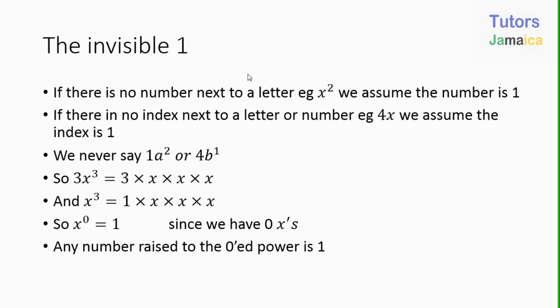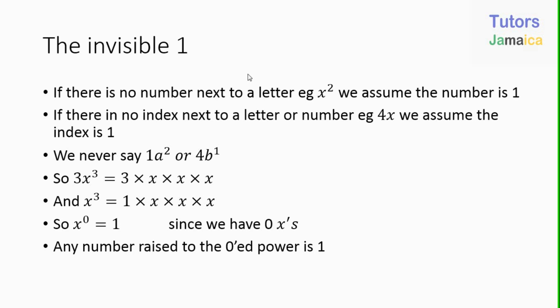So 3x cubed is equal to 3 times x times x times x, and x cubed is equal to 1, that invisible one that we spoke about, times x times x times x.